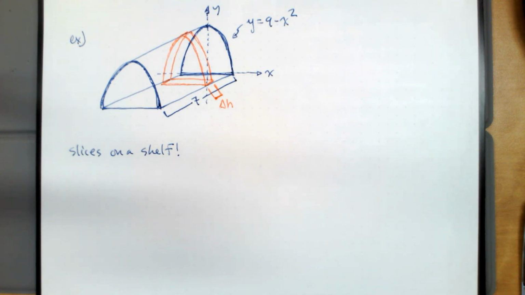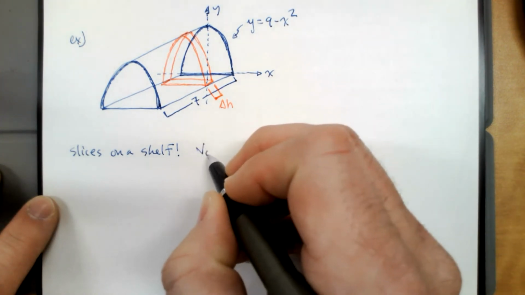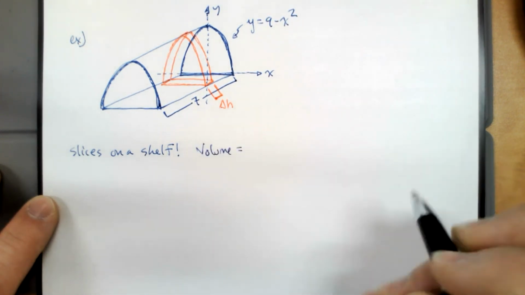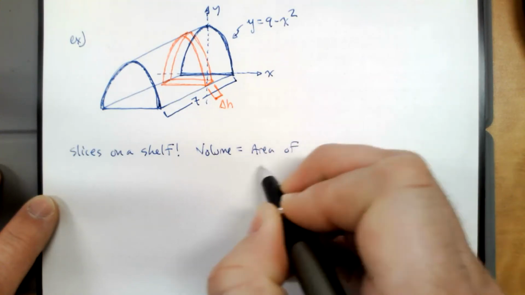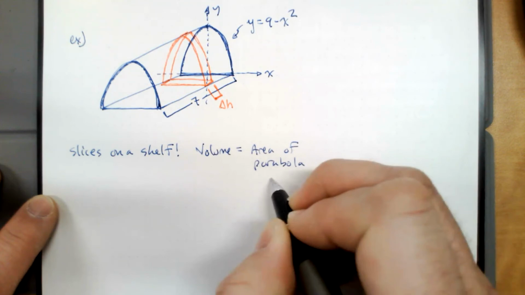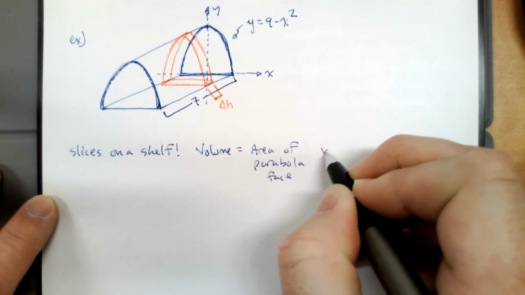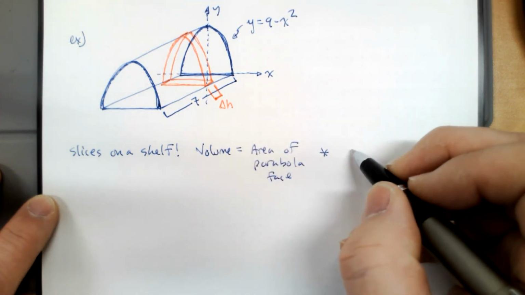So for this calculation, I could just find the area of the parabolic face and multiply by 7. So the volume will be the area of the parabolic face multiplied by the height.